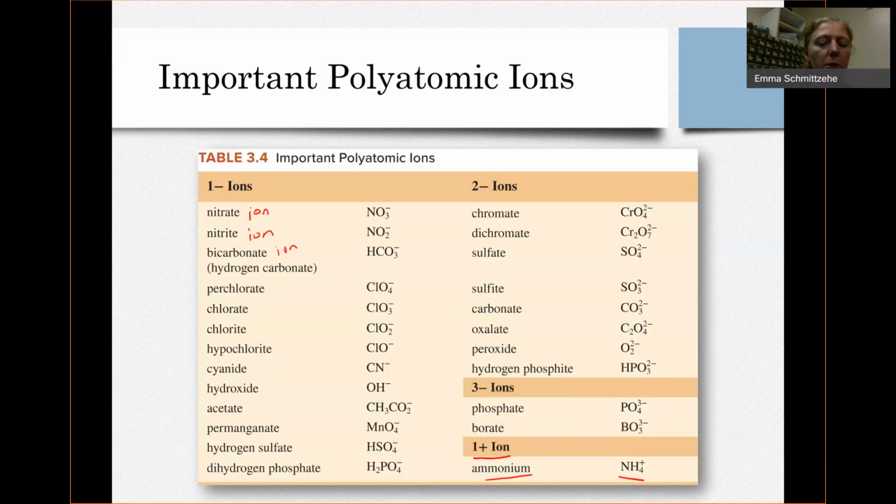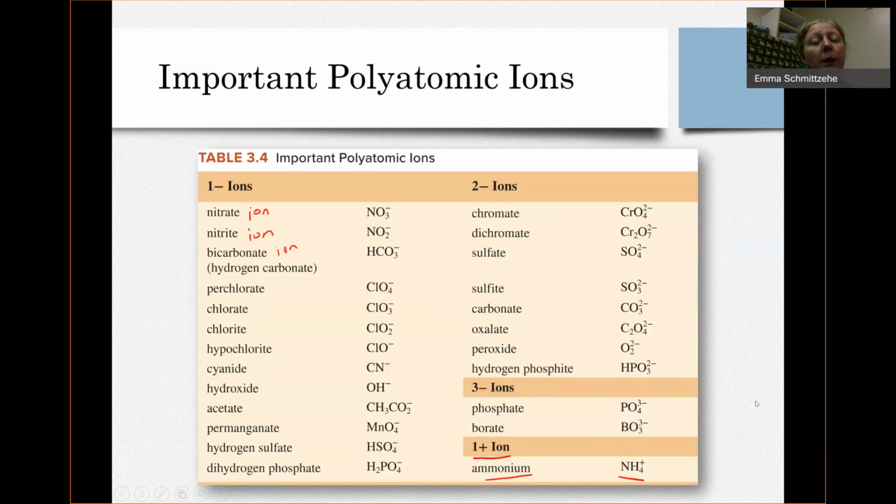Unless you go pretty deep in, you don't really run across other polyatomic cations. So ammonium ion is a really important one. It does come up a lot, and so it's good to be familiar with that one without having to even look it up.